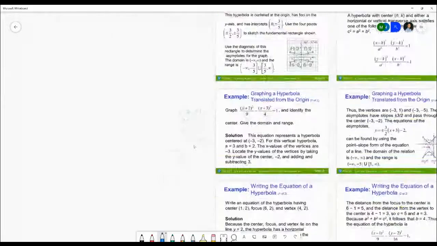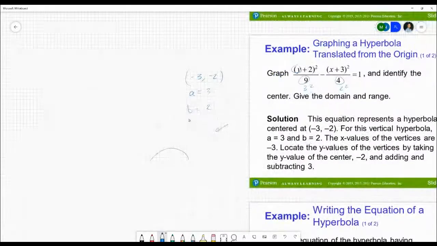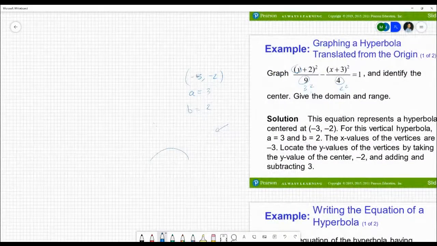Okay, I'll redraw this again, once we have the A, B in the center. Let's see how long it will take. I'm not gonna skip steps or whatever.